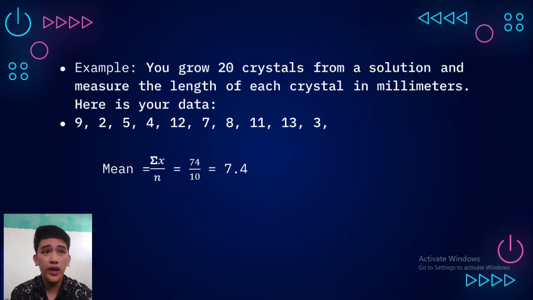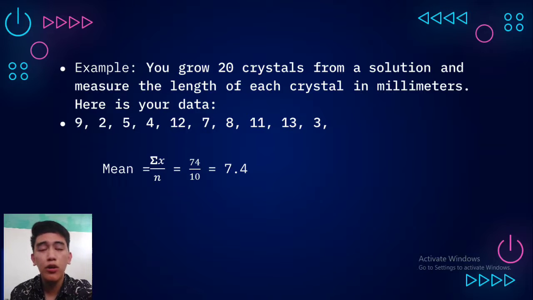The summation of x is 74. Siguro alam nyo naman, hindi na natin kailangang isa-isahin pa uli yung pag-a-add dun sa given data. Sagot is 74. And n, substitute kung ilan ang total number of the given values. Ito ay 10. Then, 74 divided by 10 is equal to 7.4.